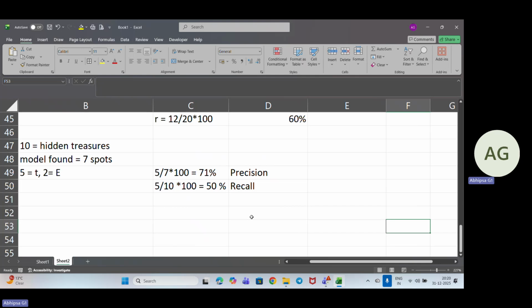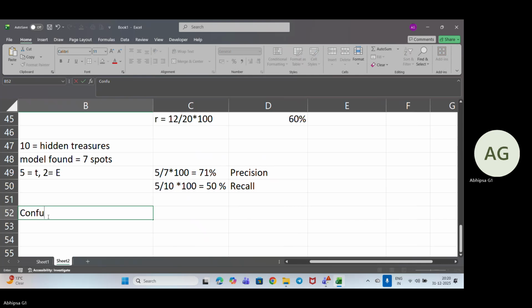Okay. Now coming down to the confusion matrix. First you need to identify what the confusion matrix is. What we have known till now is that the model is a smart guesser that guesses on behalf of us, uses a training method, and based on that it gives us the predictions.